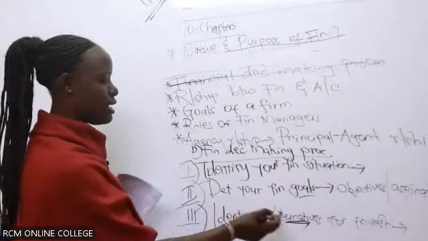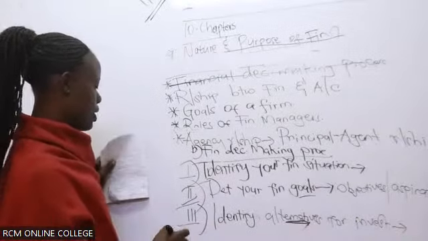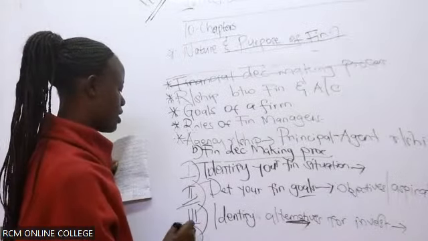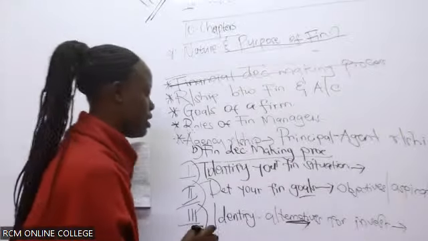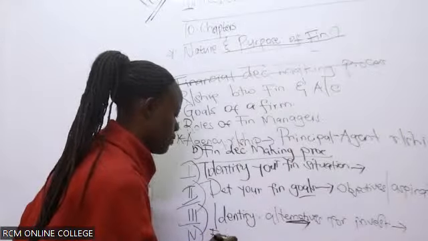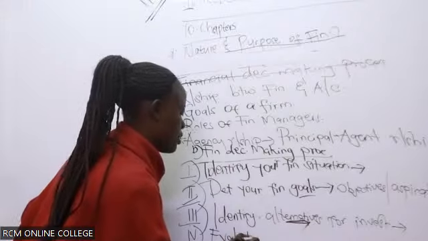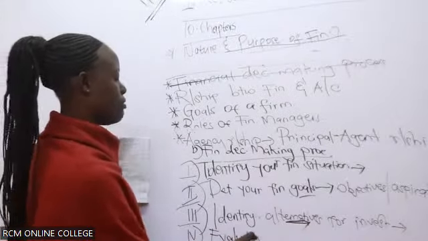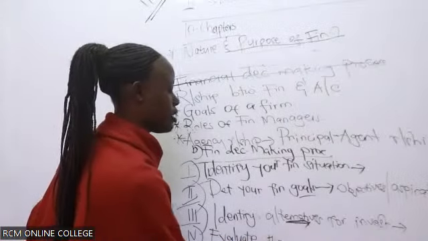Once you've identified your alternatives, you'll evaluate. That is our fourth step. You evaluate the alternatives.